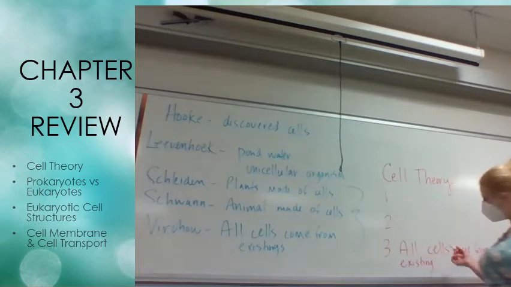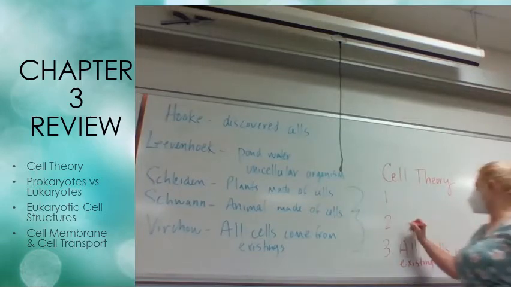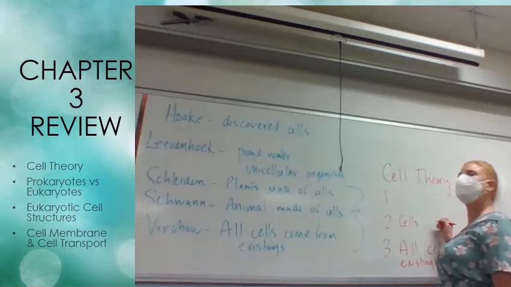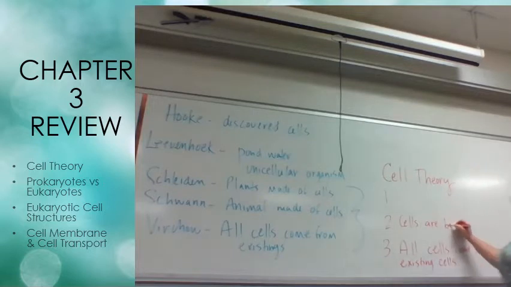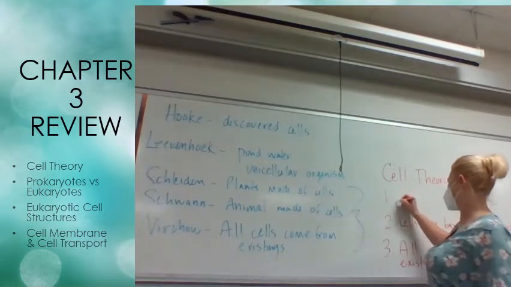Cells are the basic unit of structure and function in living things. And one other thing. All living things are made out of one or more cells. You got it.